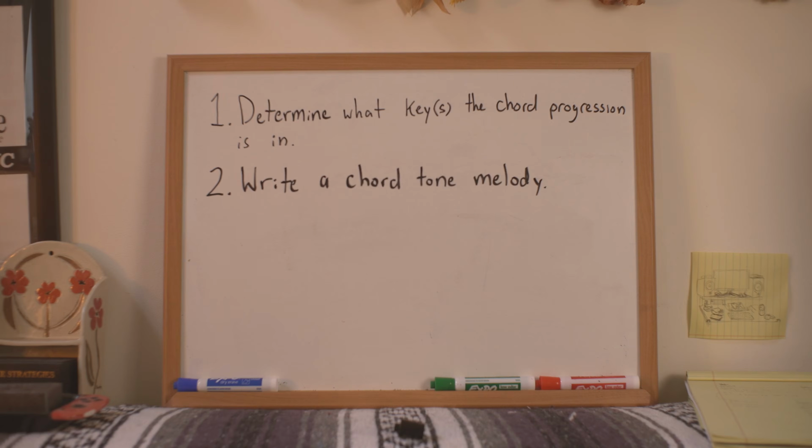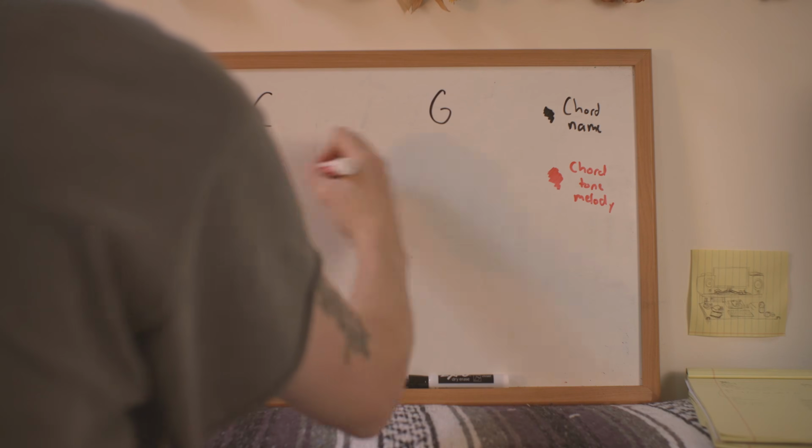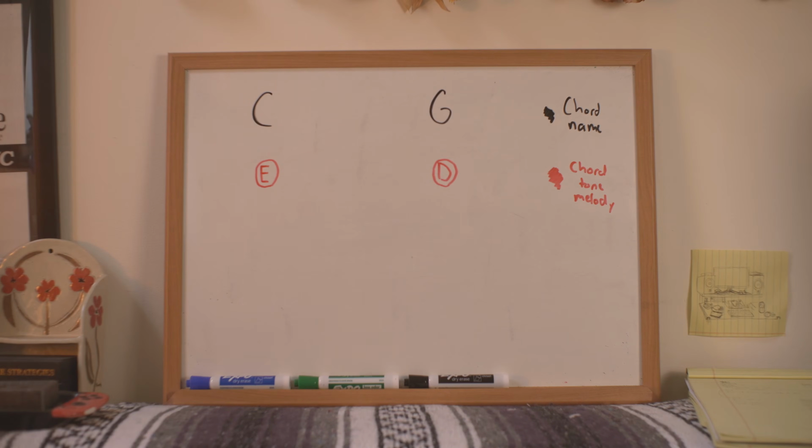Step 2, write a chord tone melody. The basic premise is to choose one tone from each chord, like the 1st, 3rd, 5th, or 7th, and make a coherent melody out of having one tone for each chord. So let's say you're going from a C chord to a G chord. I could choose to make my guide tone melody going from E to D. E is the 3rd of the C major chord, D is the 5th.